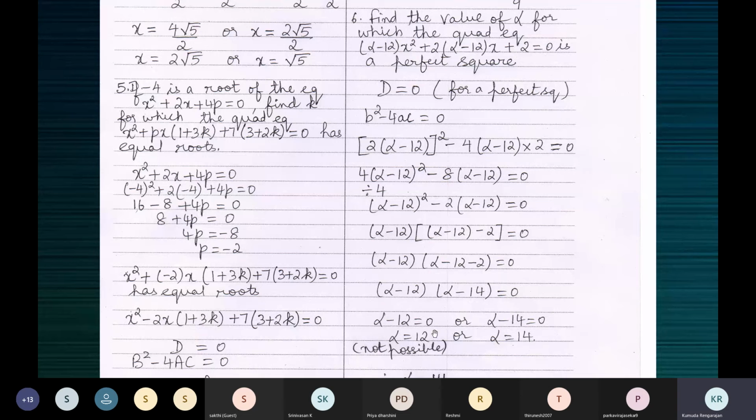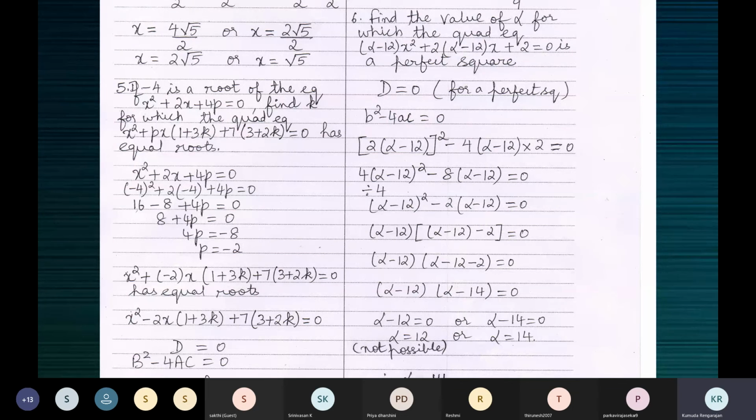Now 12 is not possible because when alpha is 12, 12 minus 12 is 0, 0x square, and it will no longer be a quadratic equation. When you get two values for alpha, just check if both of them can happen.